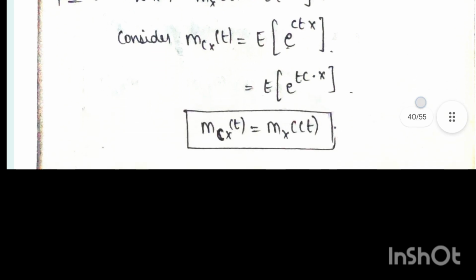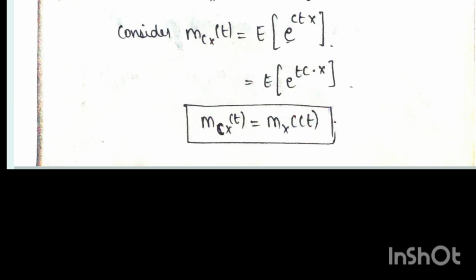Now the properties of MGF. First, Mcx of t is equal to Mx of ct, where c is a constant. You can see the expansion here. Consider Mx of t is equal to the expected value of e to the power of tx.